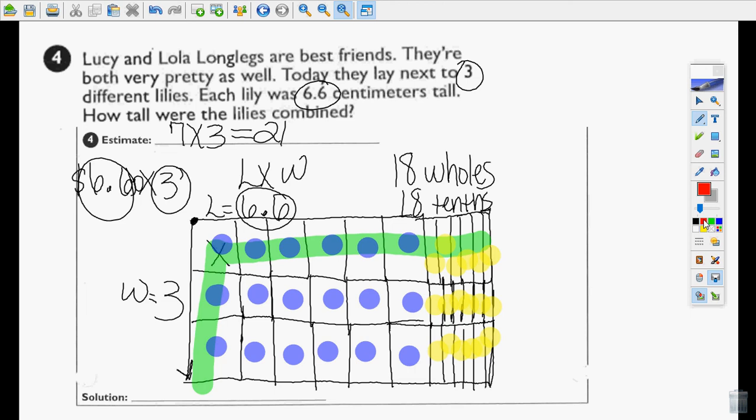Here's the first. 1, 2, 3, 4, 5, 6. That's 6. 7, 8, 9, 10. I'm going to swap those 10 tenths out. Swap those out. I don't have 18 tenths anymore because I took 10 of them away.